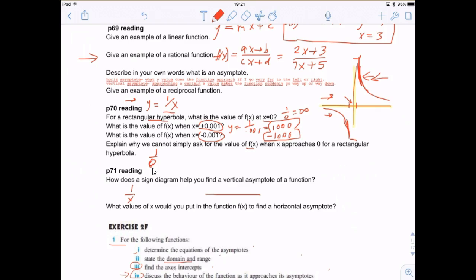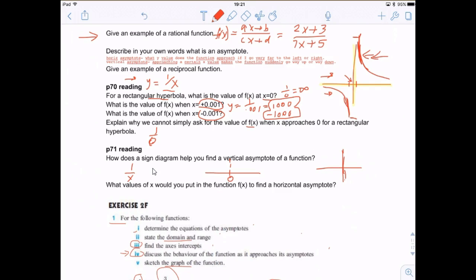If I put in x equals 0, it's going to be a vertical asymptote at that point. So I'm going to mark 0 here. I'm going to make a vertical asymptote at that point on the sign diagram. So basically, whenever you have the vertical asymptote on the sign diagram, it also is the vertical asymptote on the graph of the function. Okay, so I'm also going to have a vertical asymptote at x equals 0 on the graph of the function.